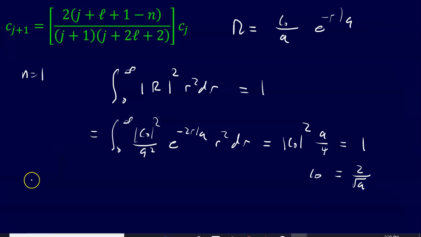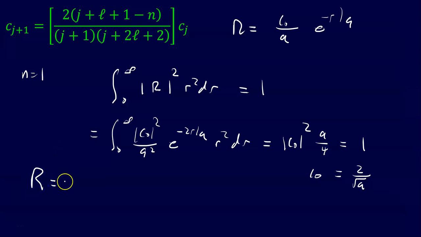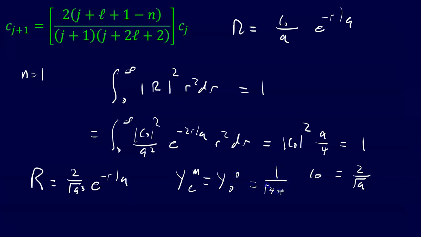So this leads to a radial function that looks like this when we put everything together: 2 over radical a cubed, e to the negative r over a. Now, the particular spherical harmonic that we need for this one, if you remember, the spherical harmonics are set up so this is the L and the M. In our particular case here, we'll be looking at Y00, which is 1 over radical 4 pi.